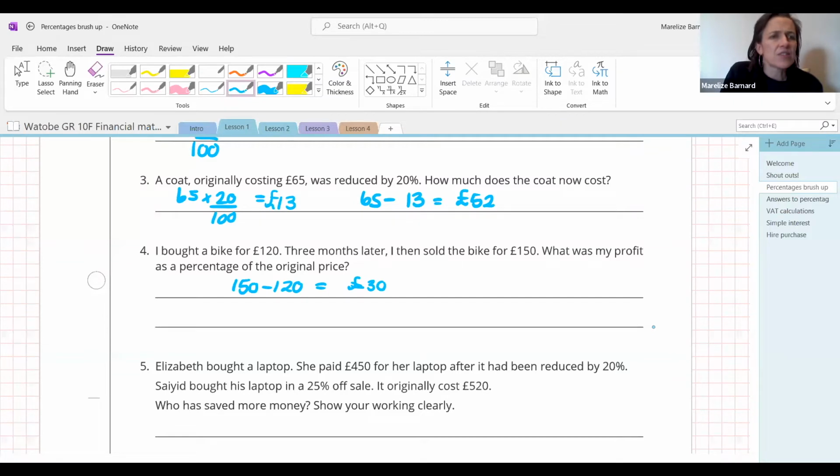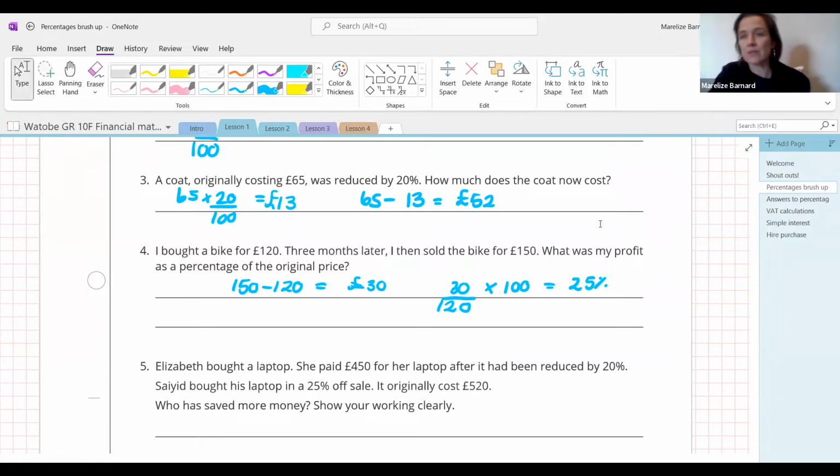But we want to know what the difference is as a percentage. Okay, so Eunice says 0.9. Okay, so 30 pounds, we're going to say how much is that of the original amount? That's of 120. So we take the 30 of the original amount, which is 120, and then we work it out. 30 divided by 120 times 100 is 25%. That is the right answer.